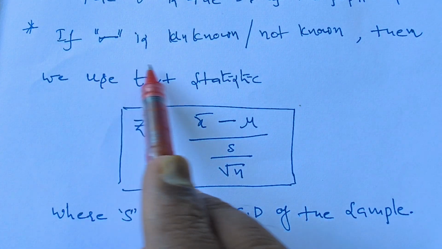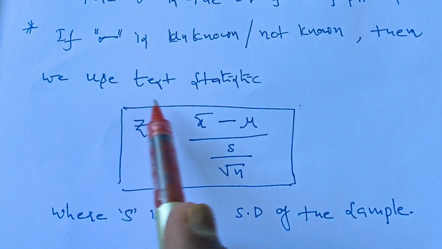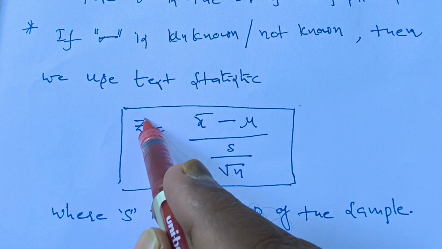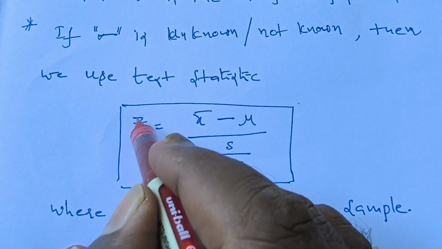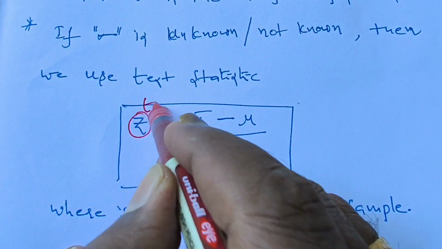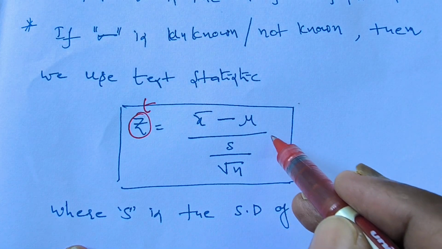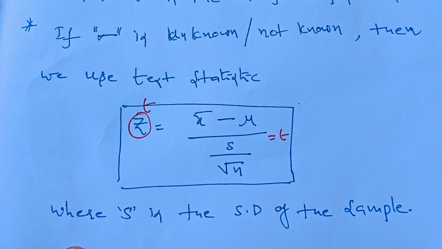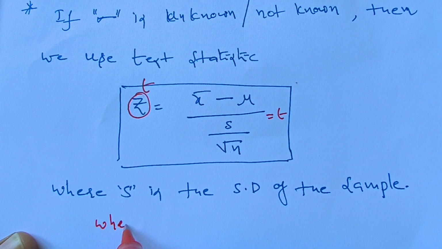But remember, if sigma is unknown, then the test statistic is not z, here it is t. So this is equal to the formula of t.